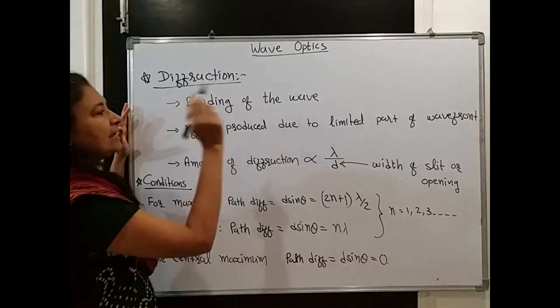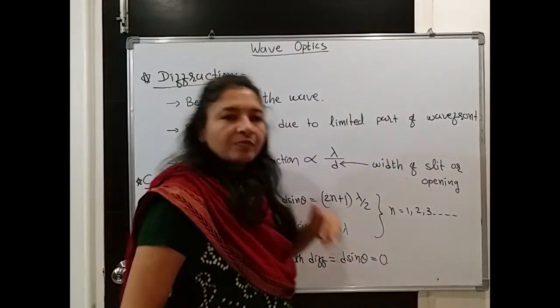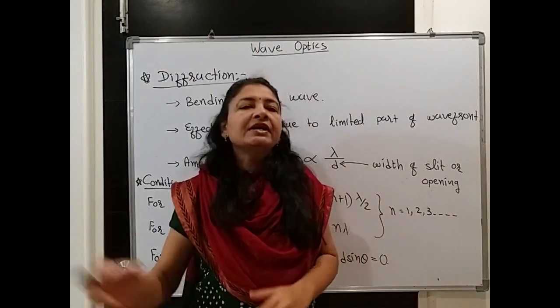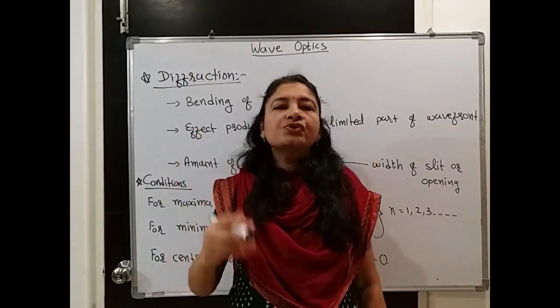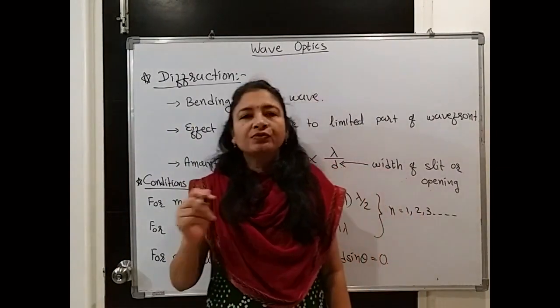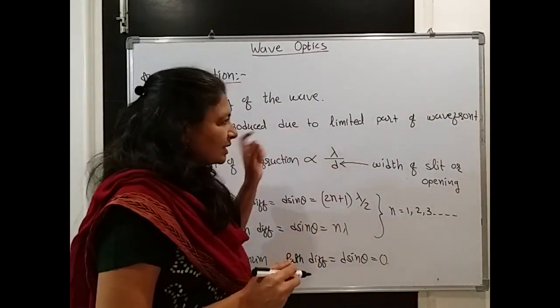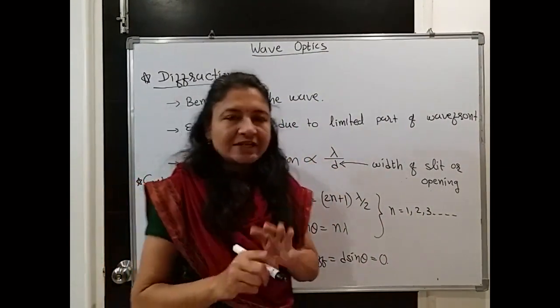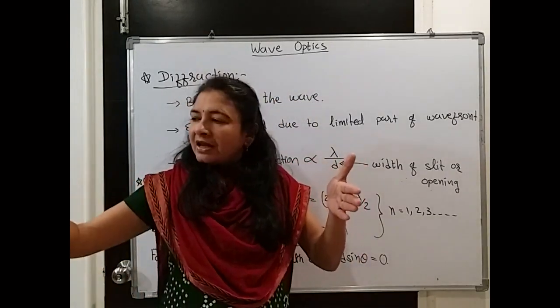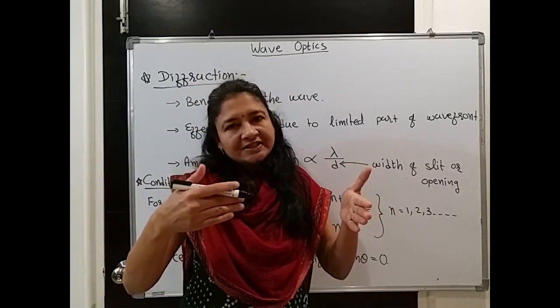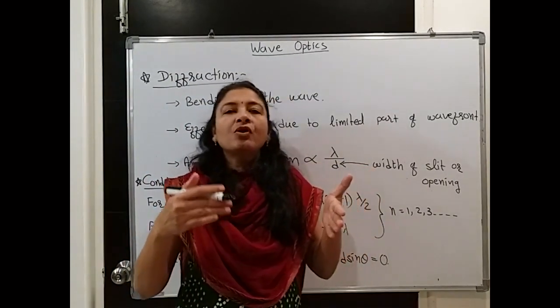It is bending of the wave. Now one more point you have to understand, that diffraction is the effect produced due to a limited part of the wavefront. You have to remember this statement. Now I will explain what it means. See, when light is passing, here we are considering the light in the form of a wavefront.